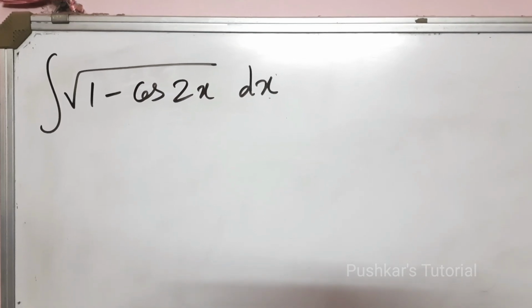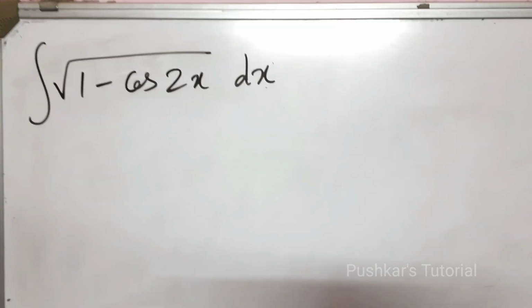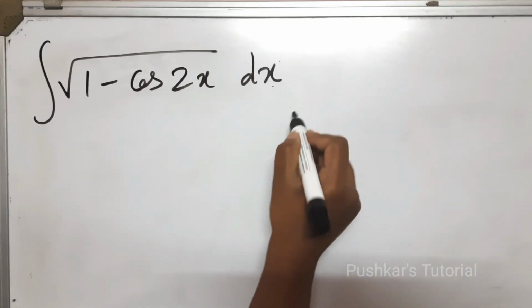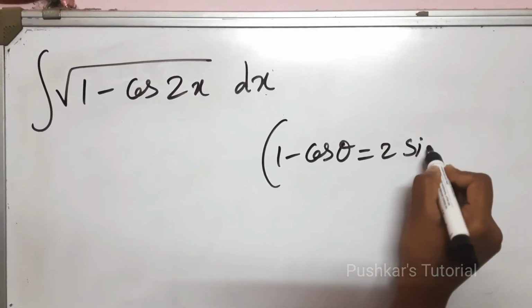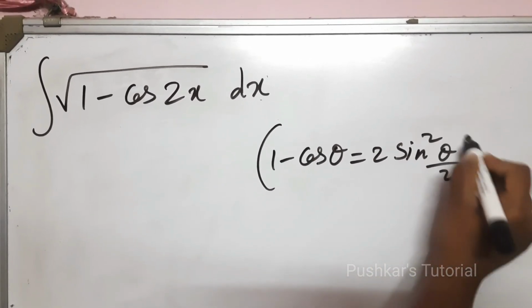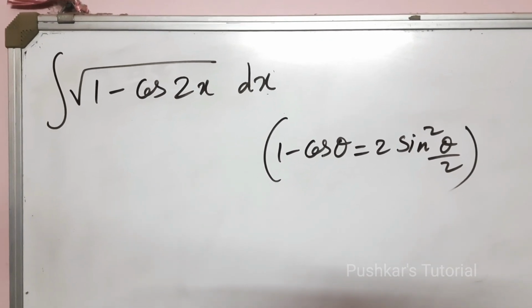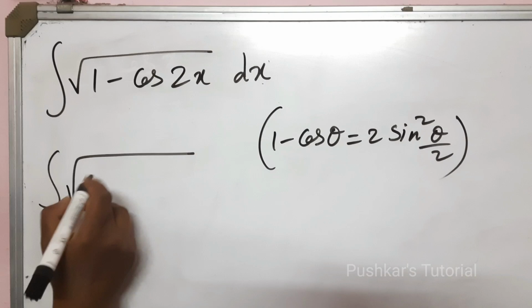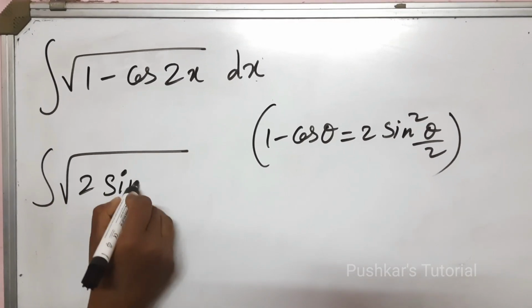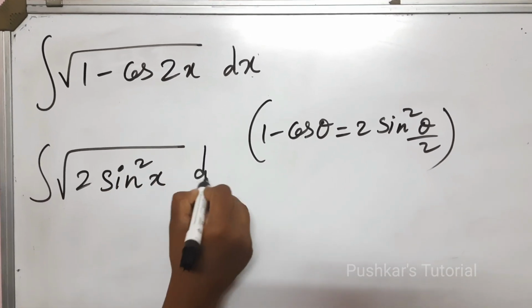Integration of under root of 1 minus cos 2x into dx. Again here it looks like the formula 1 minus cos theta. The formula is 2 sin square theta by 2. So 2x in the half, simply x. Integration of under root, with the formula applied, 2 sin square x dx.